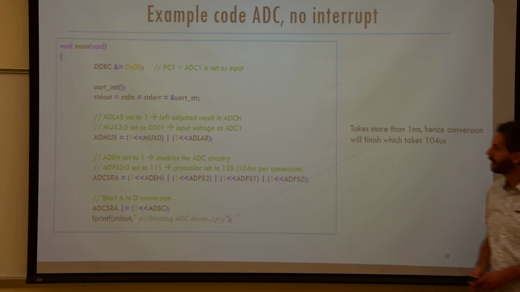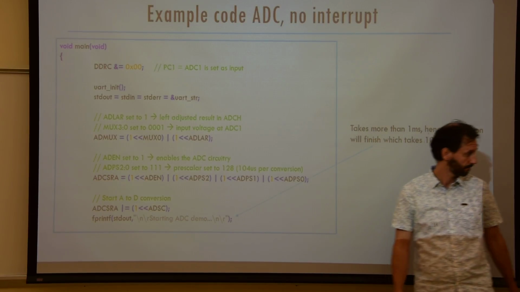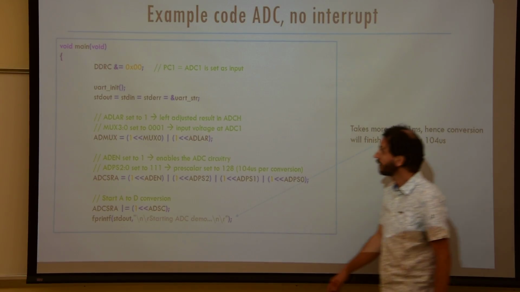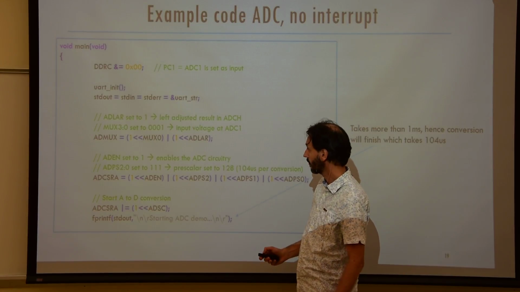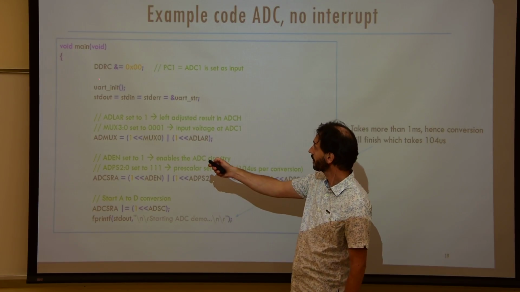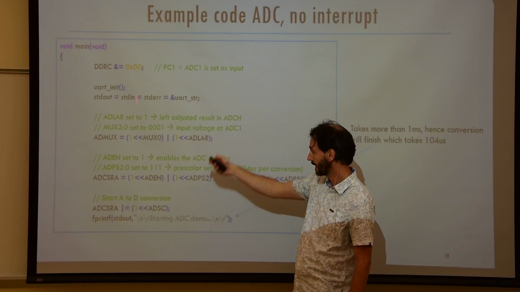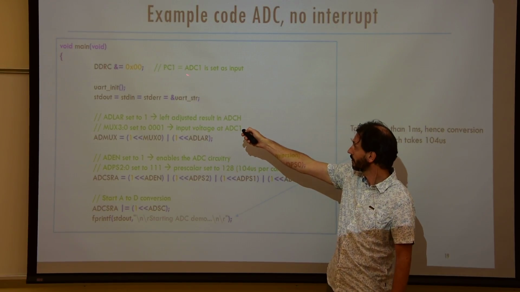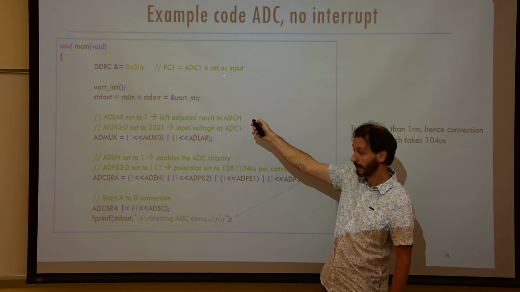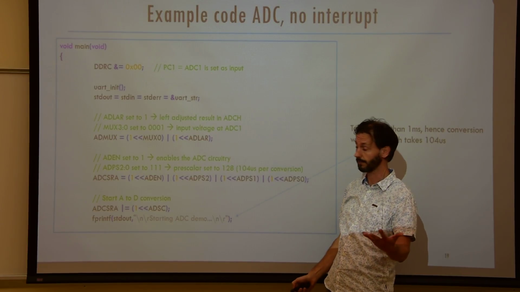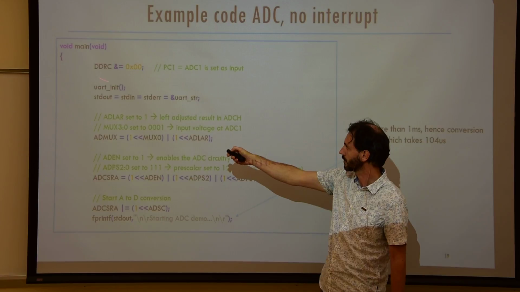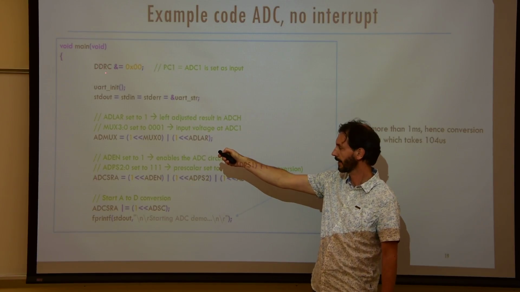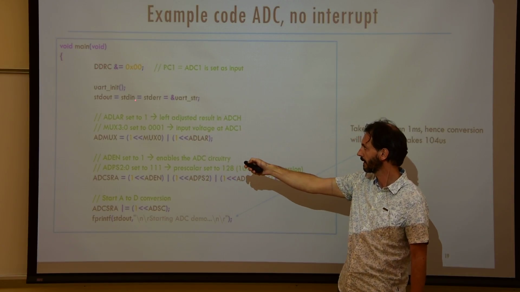So here is a main program, and what are we doing? First of all, we're going to do some initializations. Say we want to have ADC1 as an input to our analog to digital conversion. Well, I need to make sure I always have the directional register set properly.